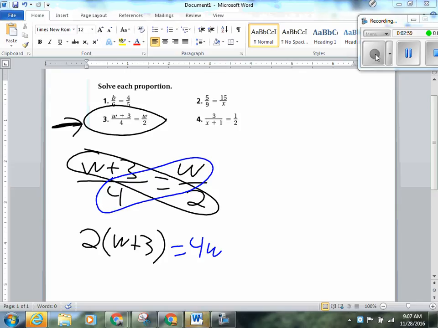Now we have a number next to parentheses, so we have to do the next step. Combine these two things. 2 times w is 2w. 2 times 3 is 6. And that equals 4w.